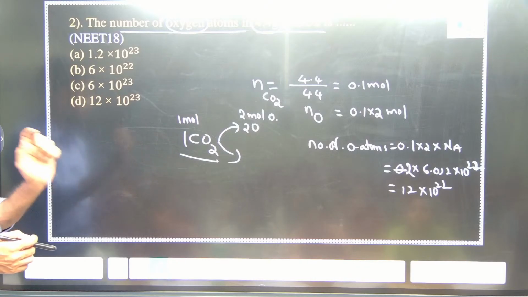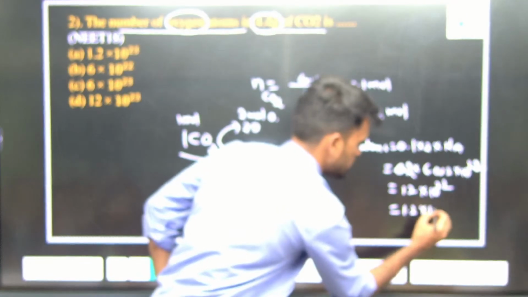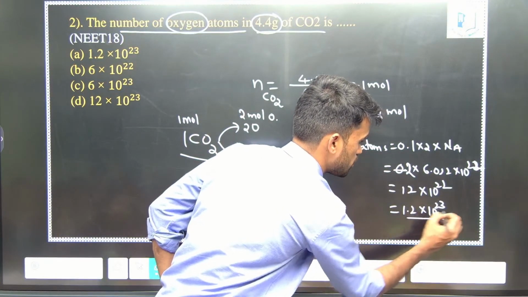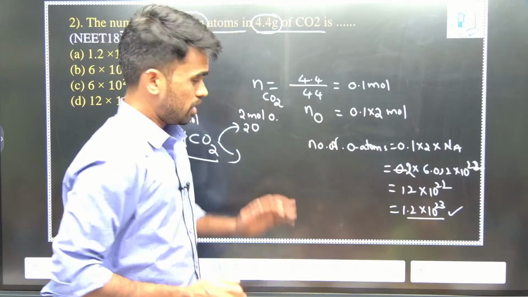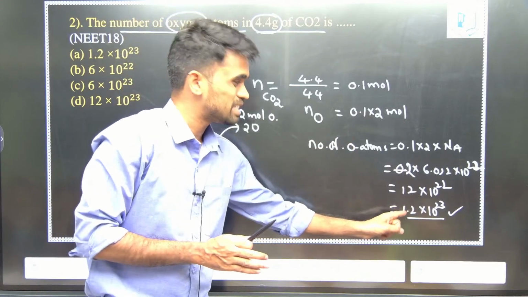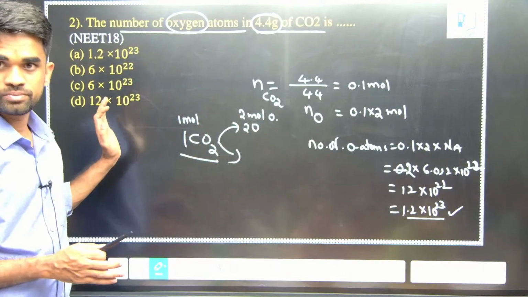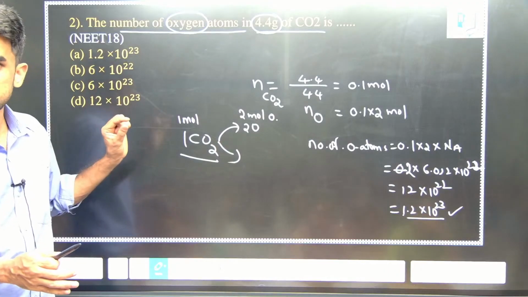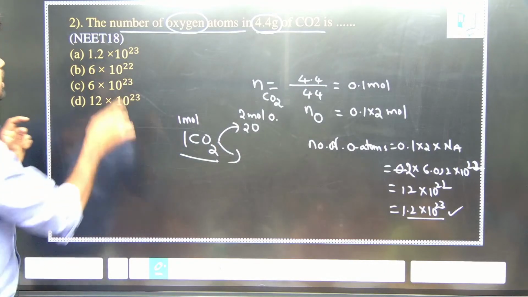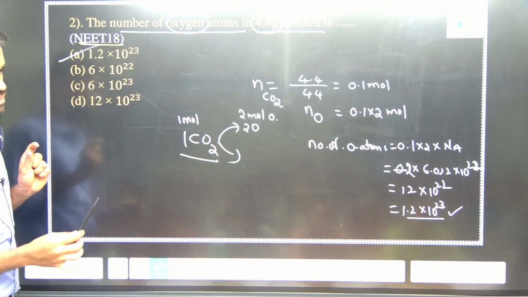Is there any option like that? But if I write it like this, 1.2 into 10 power 23, this is the proper representation. Tell me clearly, do you know how to write these decimals properly? If you know, then you will get the answer. See how simple it is. A very small question, but asked in the previous exam. Okay? Yeah, this is your answer.